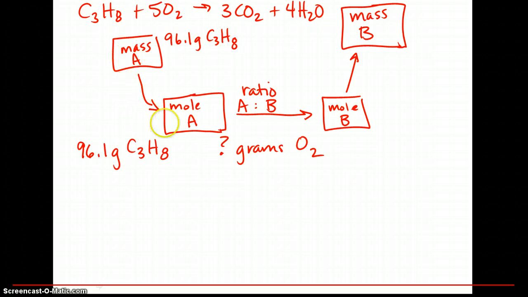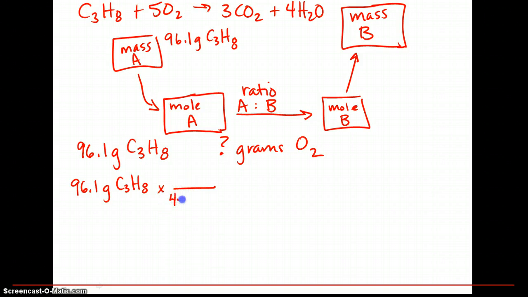Okay, so the first step is I need to figure out how many moles that is so that I can look at my ratio. So I do a quick dimensional analysis, 96.1 grams C3H8. To get it to moles, remember it's simply the dimensional analysis we've been using the whole time.